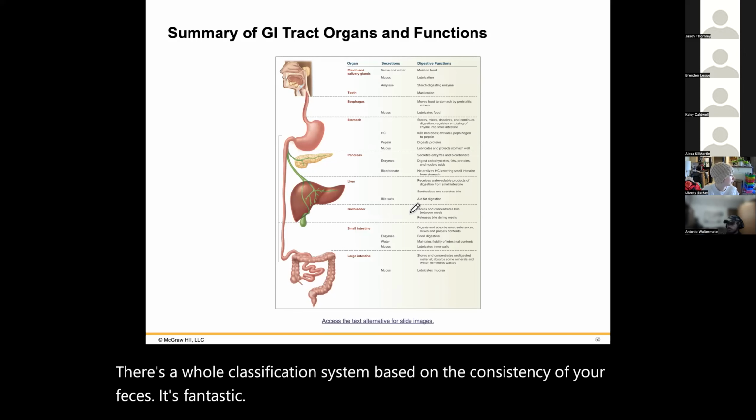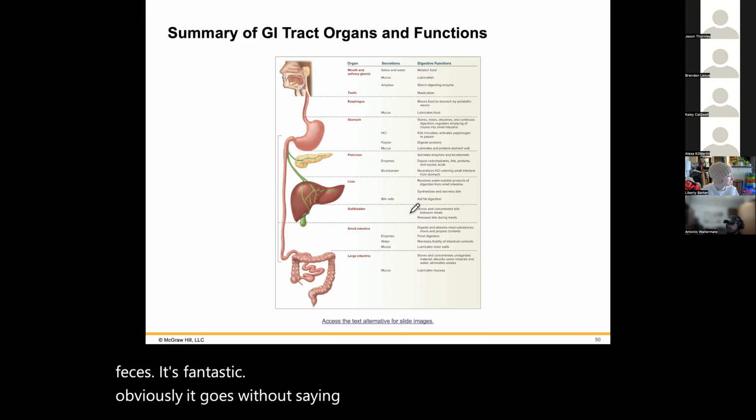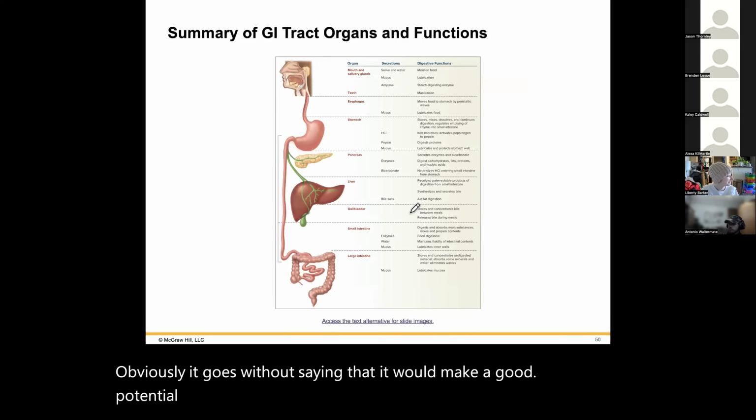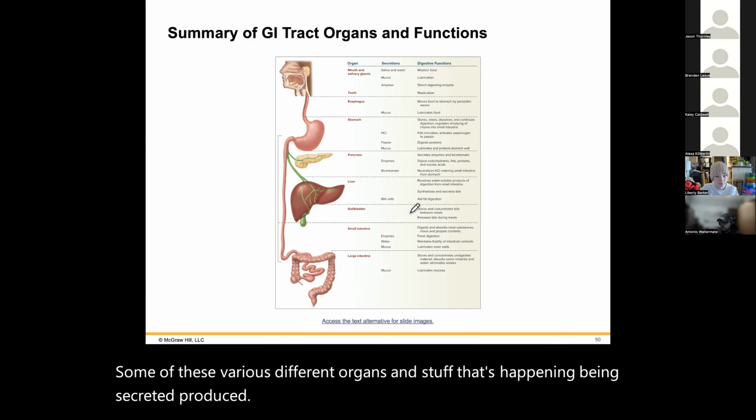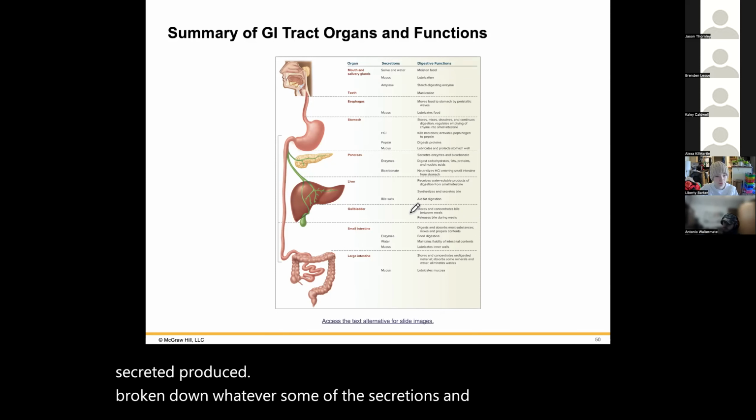Obviously, it goes without saying that it would make a good potential essay question on the exam to be able to describe some of these various organs and what's being secreted, produced, broken down, some of the secretions and some of the functions of these things.